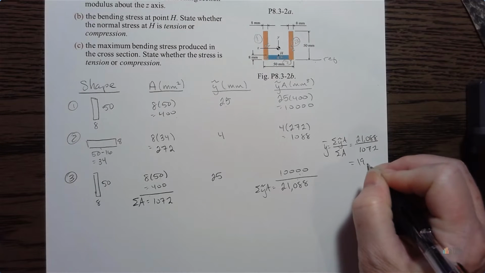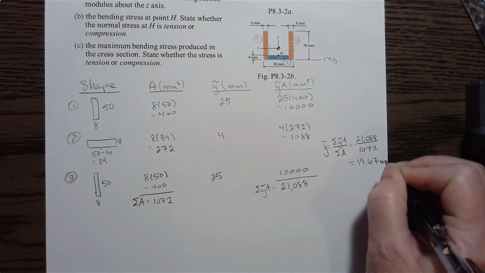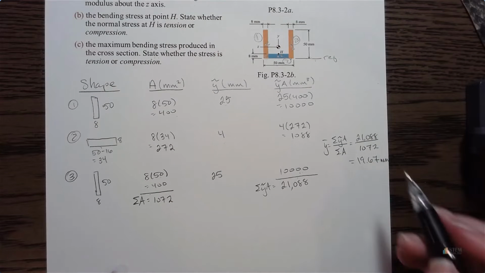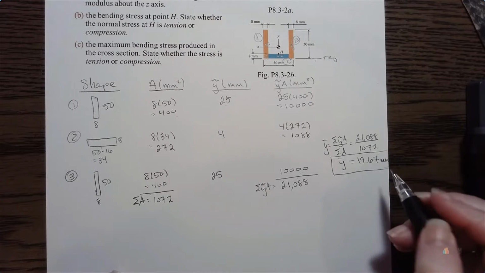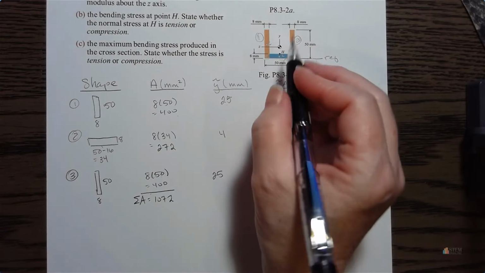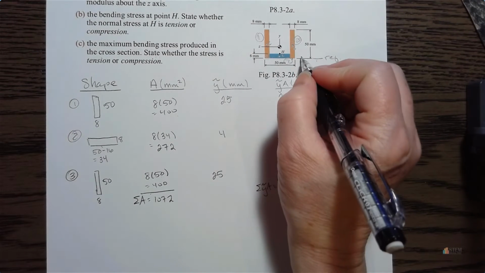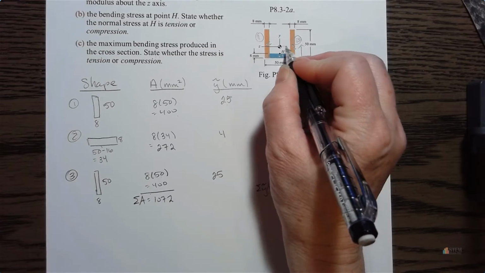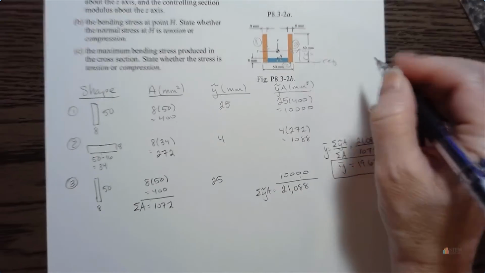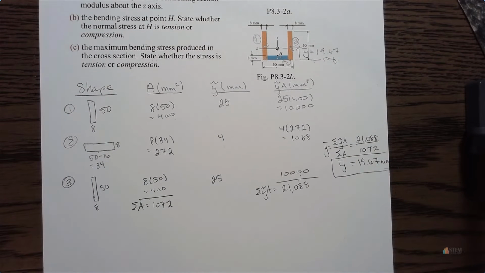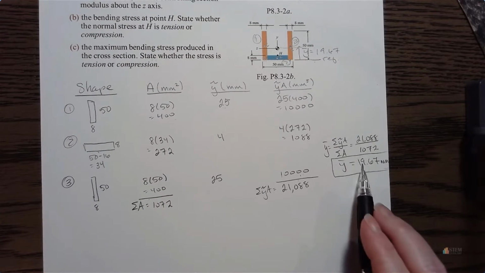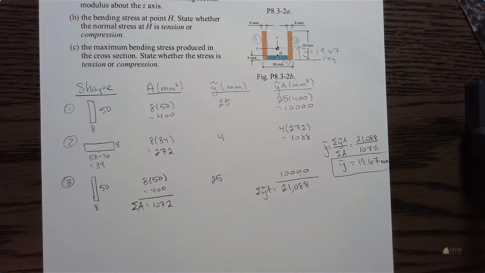We get 19.67, and that's millimeters. Okay, so this would be part of your answer for part A. Okay, so basically to get up to this centroid right here, that's our y tilde, that's, hit the camera, is going to be 19.67. Okay, so that's what that information there gives you.